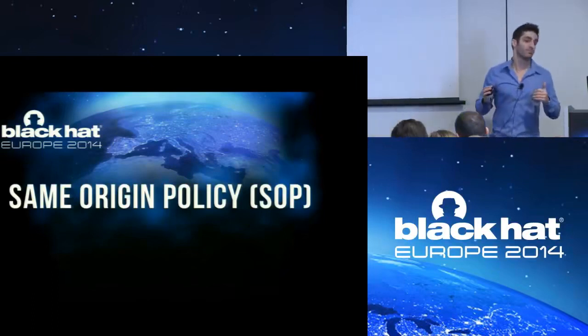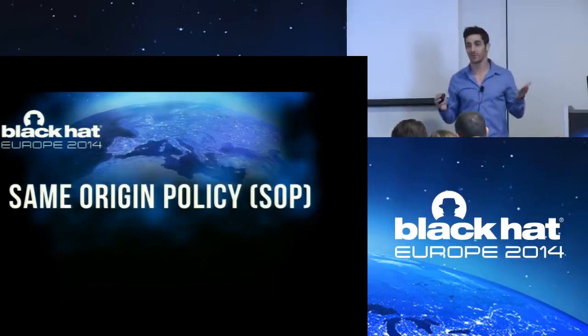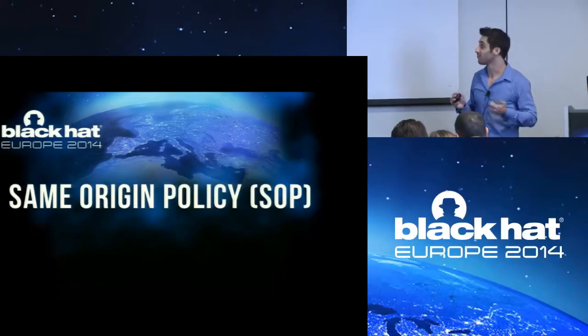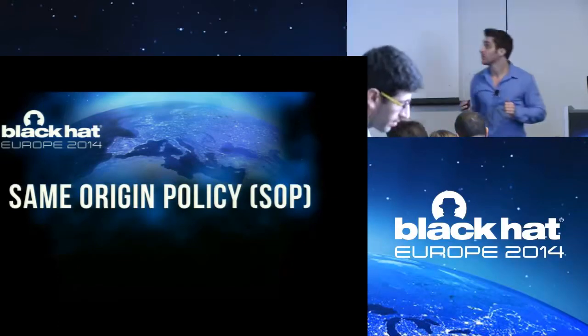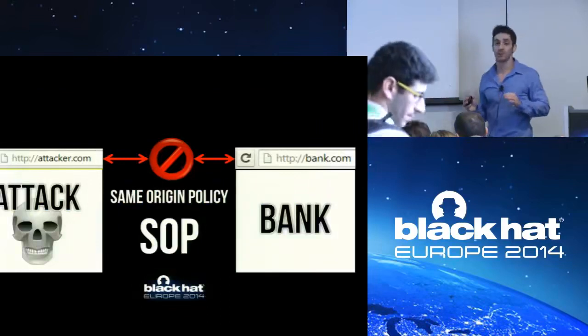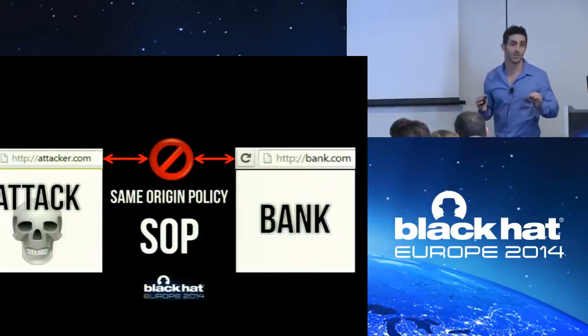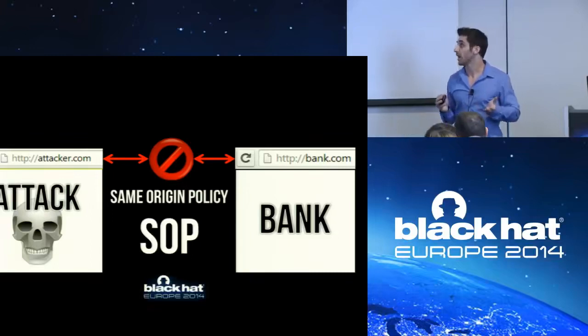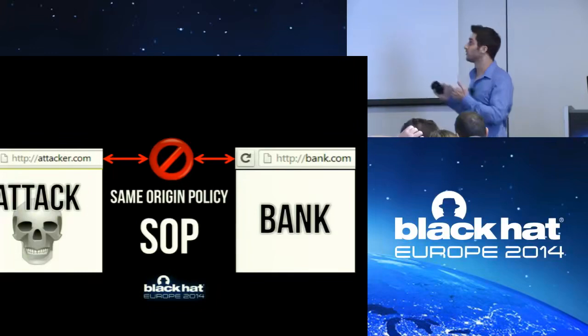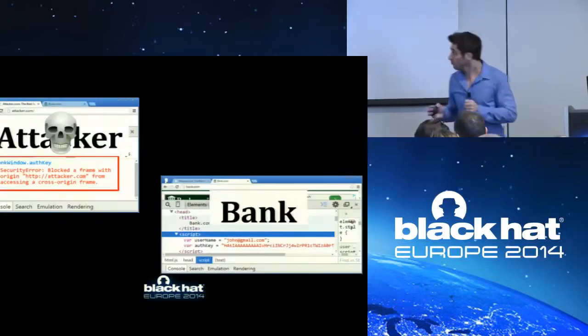I assume that most of you already know it, so we're going to give a real quick overview. Same origin policy is enforced by your browser, and it's a mechanism to block pretty much any access from one origin to another domain or origin. Let's take an example.